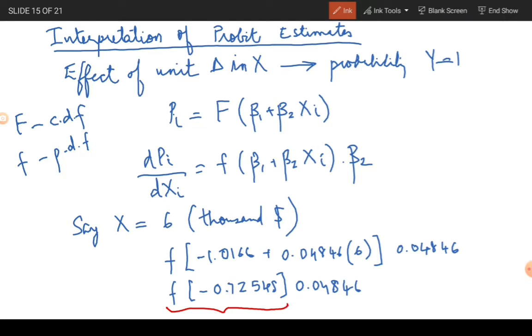Now, to read this, remember the Probit or the Normit model follows the standard normal distribution function. So you can always refer to the normal distribution tables and read from the table f of z, which is nothing but the probability where your z is equal to minus 0.72548.